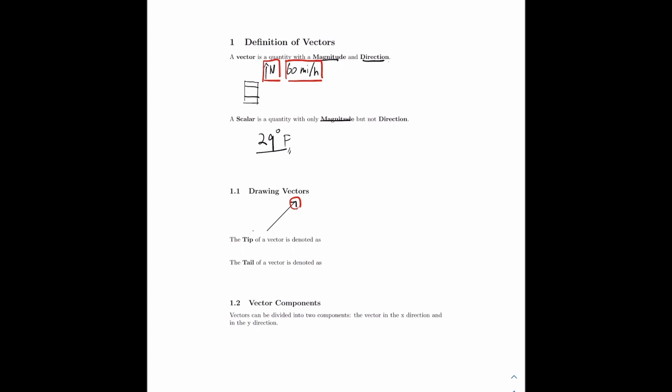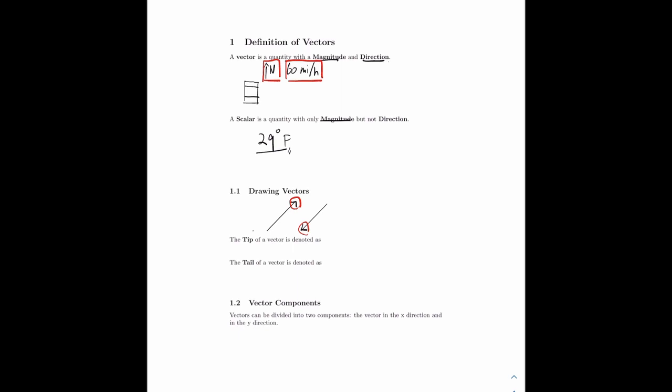If we have the same line, but the arrow is pointing the other way, these describe two different vectors. It's the same thing as if you're driving north at 60 miles per hour, that's different from driving south at 60 miles per hour. If you're in Connecticut like I am, when you go north, that would make you go to Massachusetts. If you go south, that's going to make you go to New York. So they're two different things, right?